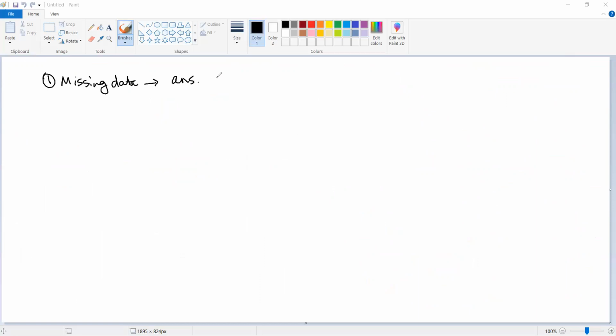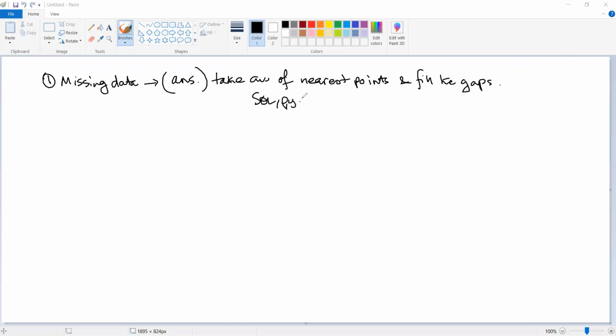Answer number one: take the average of the nearest points and fill the gap. Don't keep any gaps. If you see any gaps, this is where your SQL, Python or R programming skills come in handy.